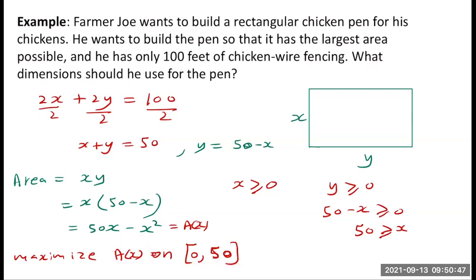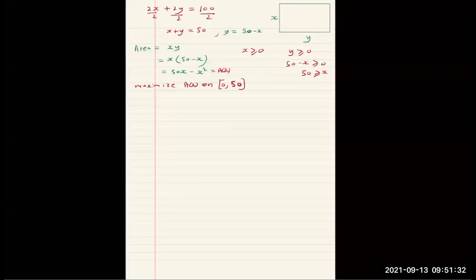So I have a purely mathematical problem now. I want to maximize this function for x values in this interval. So how do you do that? First, you find the critical points, right? Let's find the critical points. I'm going to find A prime of x to find my critical points. If you find A prime of x, that would be 50 minus 2x, the derivative of your area function A(x).